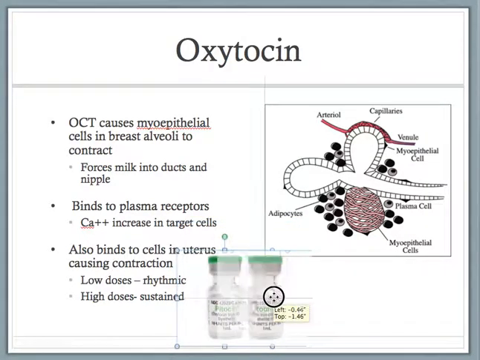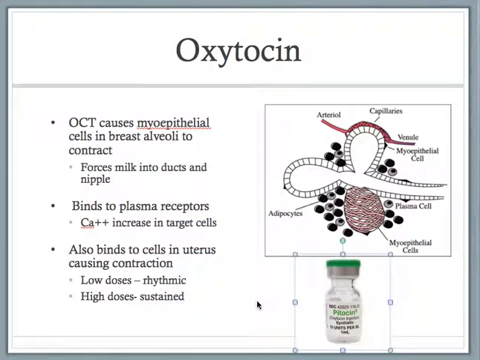Pitocin is synthetic oxytocin. So when there's low doses of oxytocin, with breastfeeding, when there's a suckling response, it is common that there'll also be cramping in the uterus because it's a widespread physiologic action. Low doses, there's rhythmic contractions. High doses, really sustained contractions, because in normal physiologic delivery, the head is pressing really hard on the cervix.